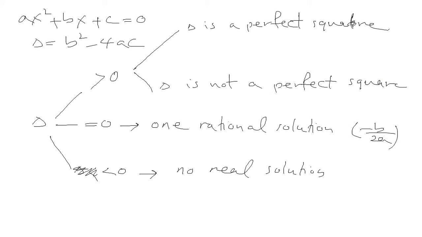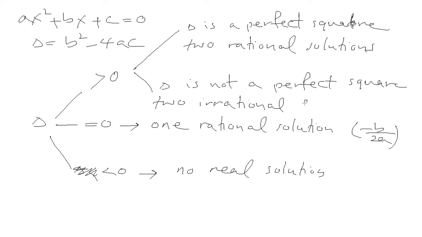If delta is a perfect square, then radical delta is a rational number, and then you end up with two rational solutions. But if delta is positive but it is not a perfect square, then radical delta is an irrational number, and you end up with two irrational solutions.